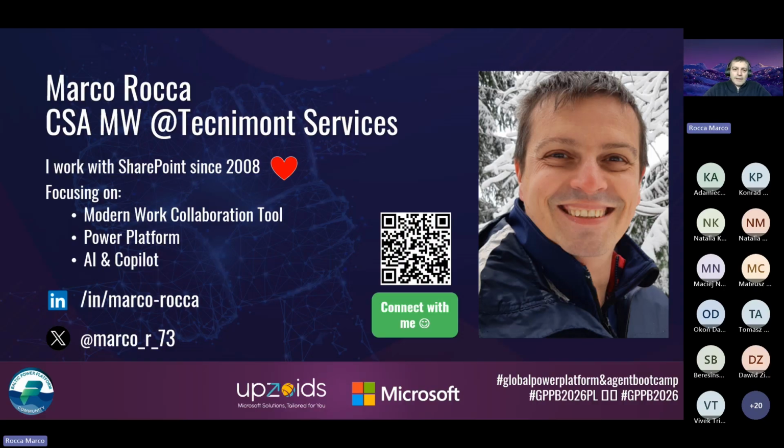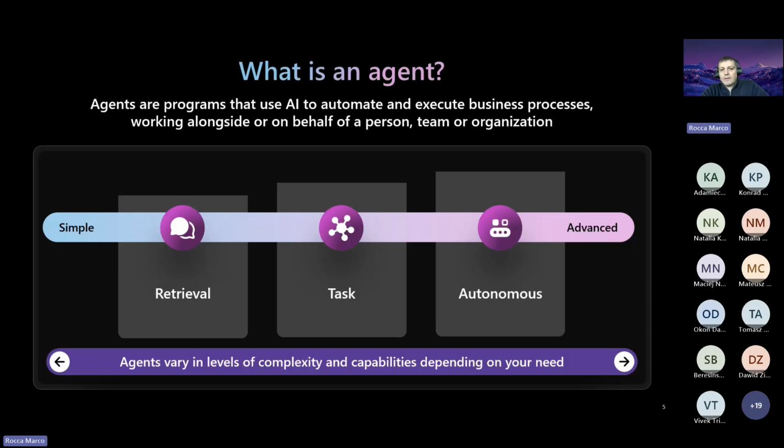Well, we can start. We go deep into the important things. What is an agent? Agent is the magic word for 2026. And you know that today it's possible to create a lot of agents of different types: retrieval, task, autonomous.